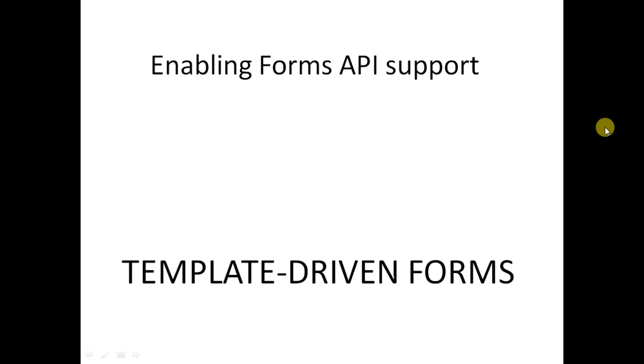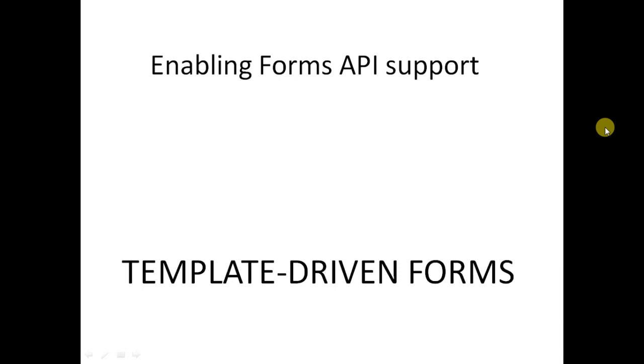NgModelGroup and NgForm. We discussed how the NgModel directive can be used for two-way data binding, but in the Forms API it plays a different role. It marks the HTML element that should become a part of the form model.